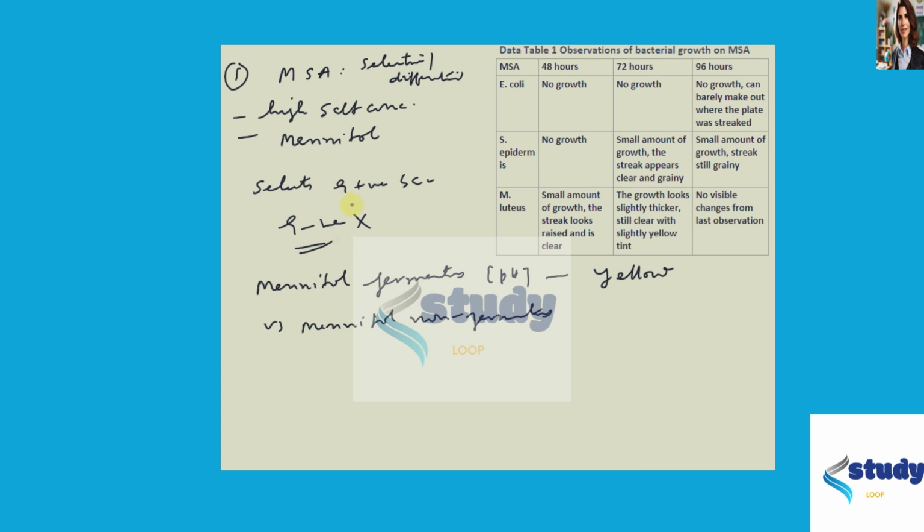So if growth occurs, that means the bacteria were able to survive in a high salt concentration.